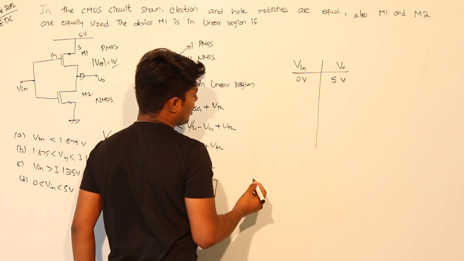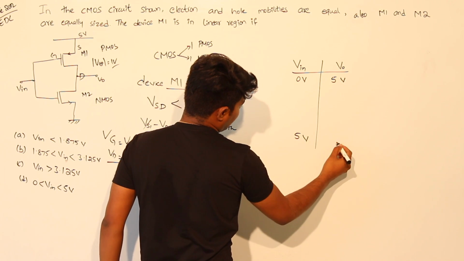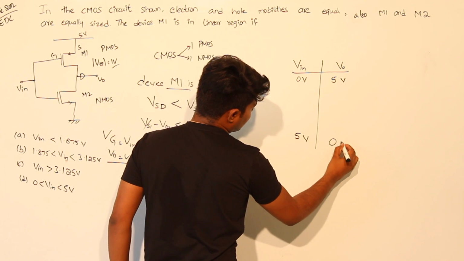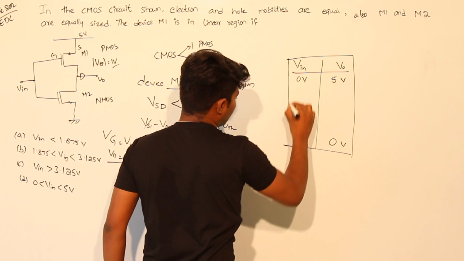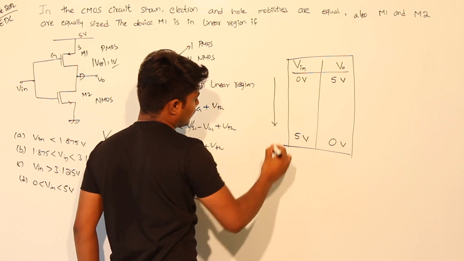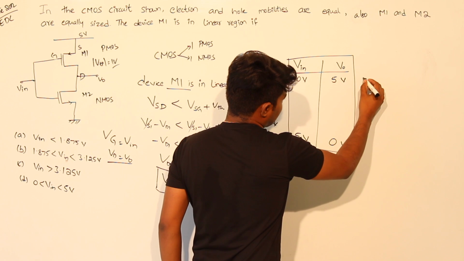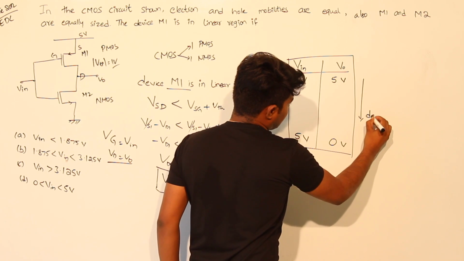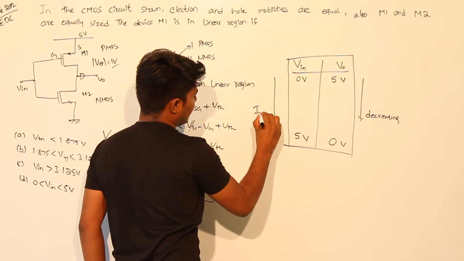If V in is at 5 volts, V not is directly connected to ground, that is 0 volts. If you observe clearly, V in is increasing from 0 to 5 and V naught is decreasing from 5 to 0.